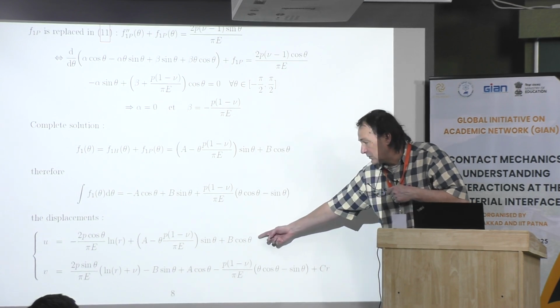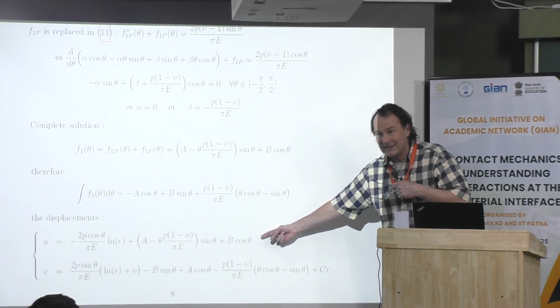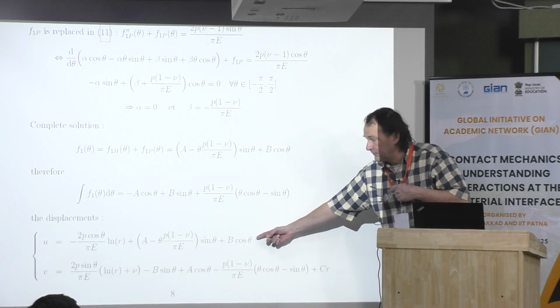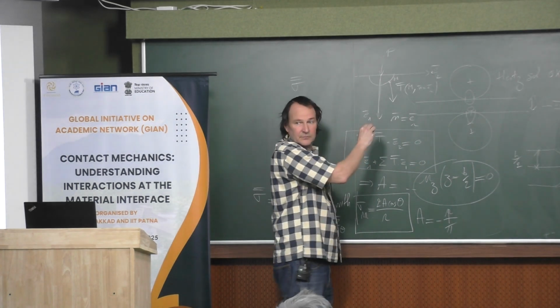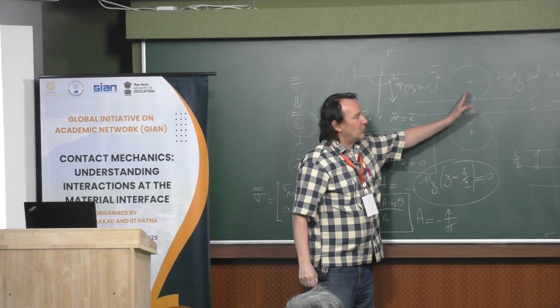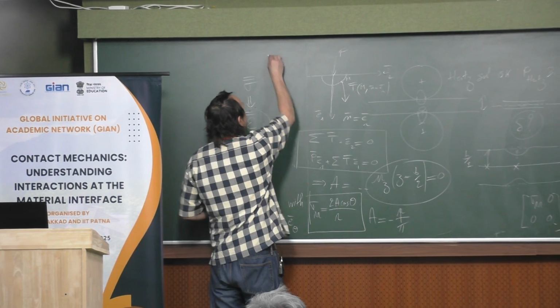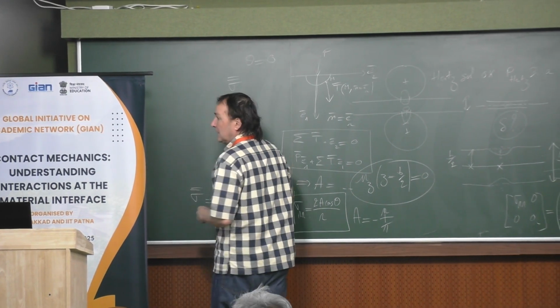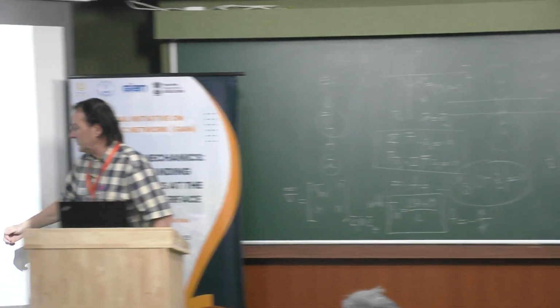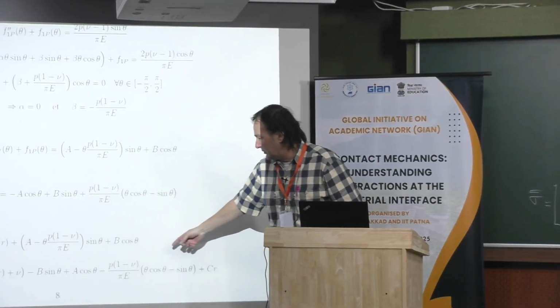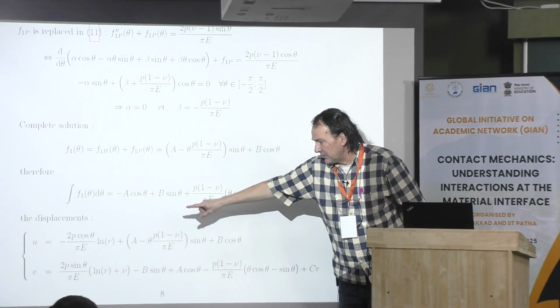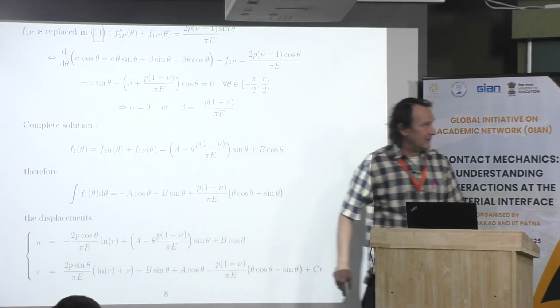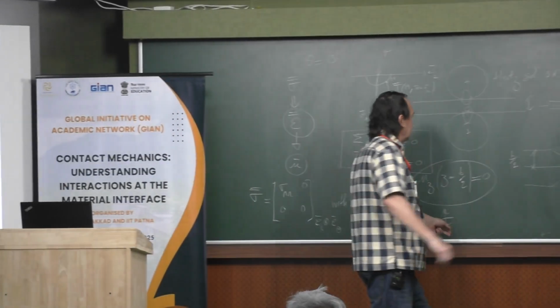Now, in this equation, you can say, for example, theta equals 0. If you are looking only for the displacement for this line, this is what you are looking for in this problem. Then we put theta equals 0. And then you can see here the displacement, which is only, okay, you have a constant here, and you have the first term. Then now the solution, I will erase everything here.